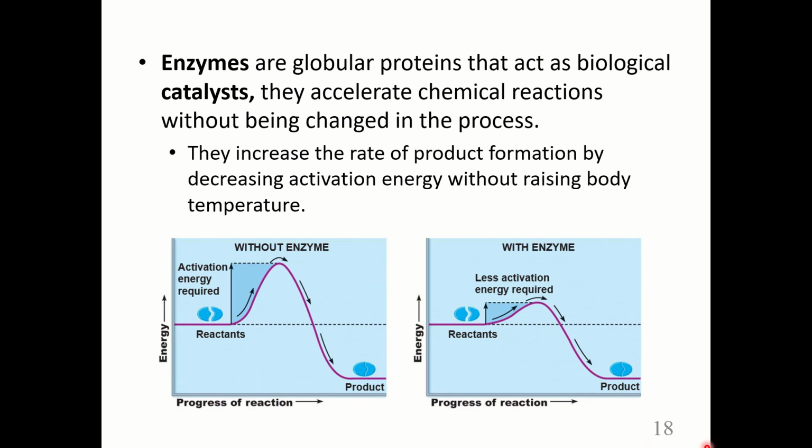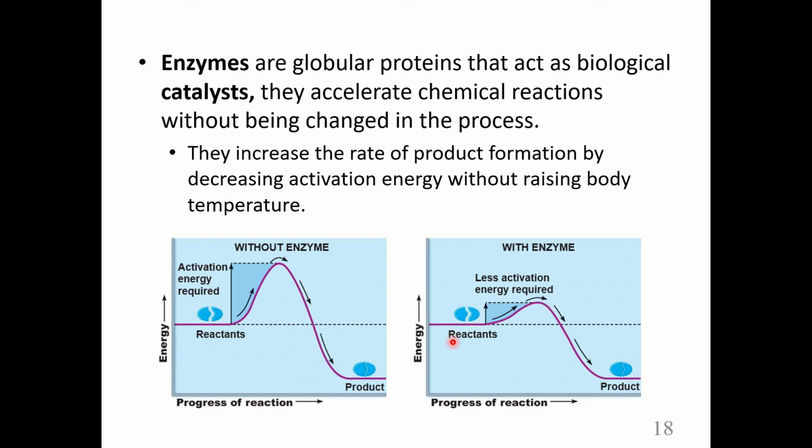Enzymes are globular proteins that act as biological catalysts. They accelerate chemical reactions without being changed in the process. They increase the rate of product formation by decreasing activation energy without raising body temperature. In the first illustration, we see that the activation energy required without the enzyme is extremely high. This is the energy that is needed in order to join the reactants together to form our product.